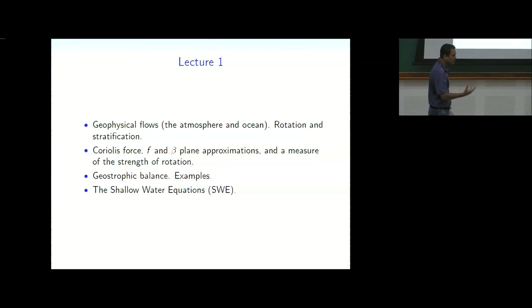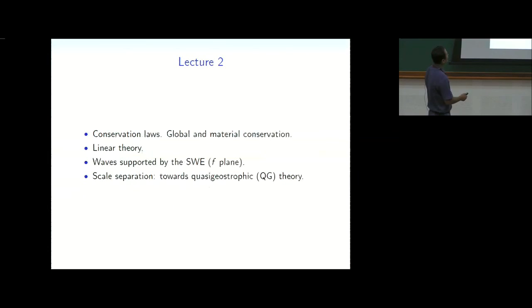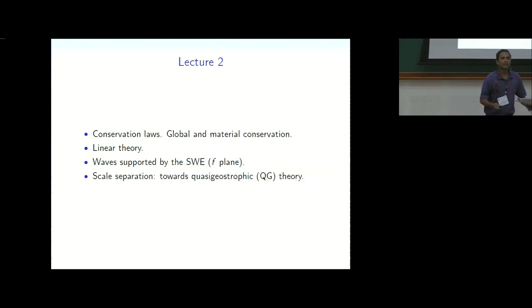And they really capture everything that one wants to know, at least at a first order level, with regard to rotation in a flow. So I will introduce the equations, and we'll see what we can do with them in this first lecture. The second lecture will basically proceed to analyze these equations in a little more detail. We'll see the conservation laws, linear theory, the kind of waves that are there, and most importantly, take the first steps towards something known as quasi-geostrophic theory, right?